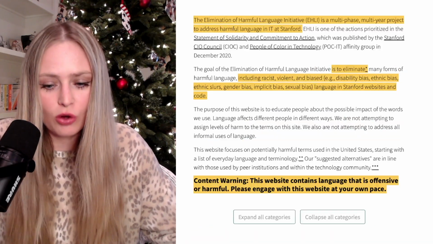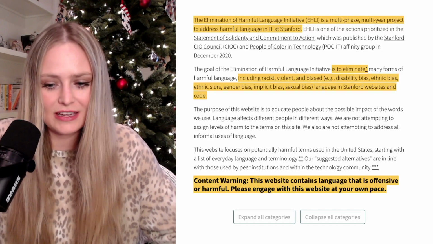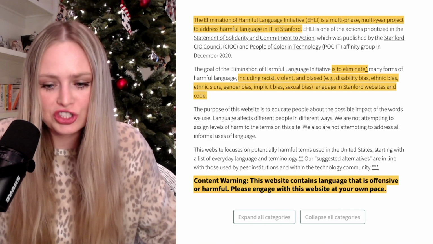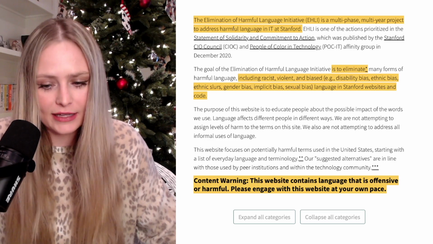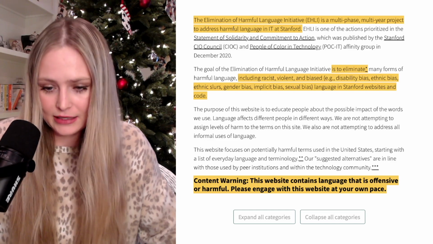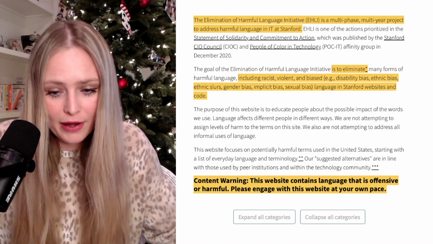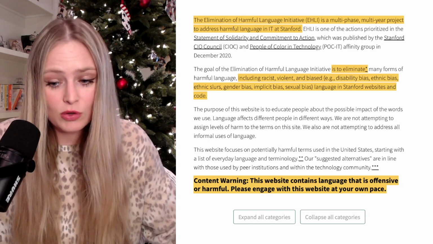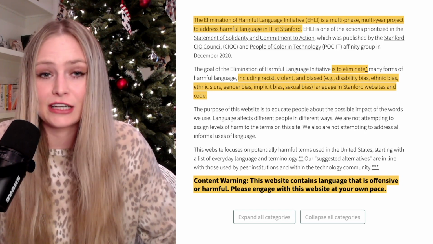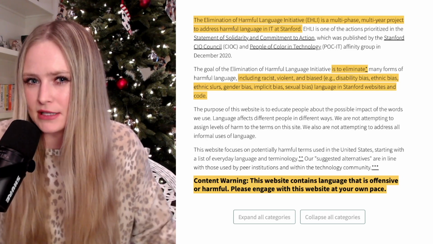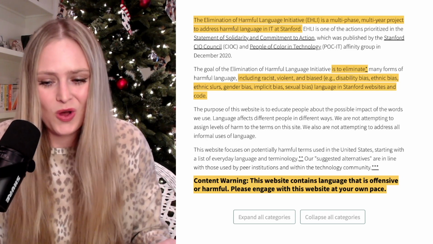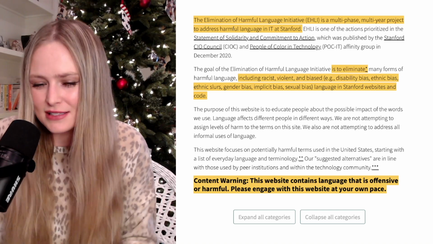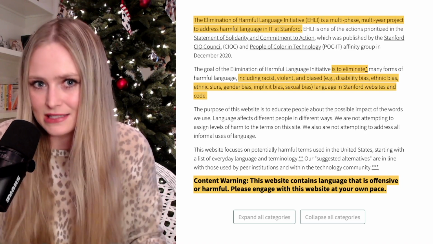It says the goal is to eliminate many forms of harmful language, including racist, violent, and biased, like disability bias, ethnic slurs, gender bias, implicit bias, sexual bias, language in Stanford's websites and code. So put a pin in that because Stanford tries to minimize what exactly this means and what this document is intended for because they say it's for Stanford websites with an S.